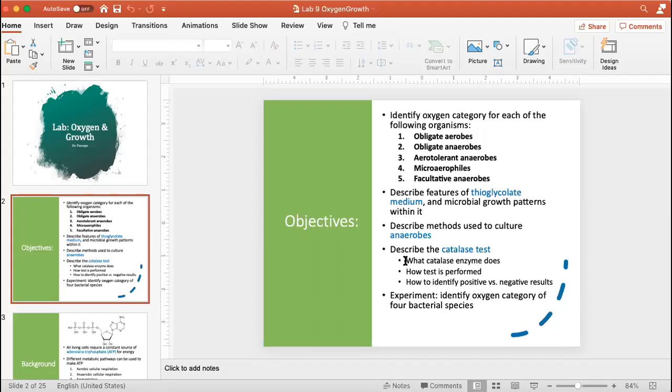We'll talk about what it breaks down, how we test for catalase, and how we can read the test, positive versus negative. And then finally, just like we did last week with special media, we'll perform an experiment together where we will use the thioglycolate medium to try to identify what oxygen category a couple of different microbes belong to.